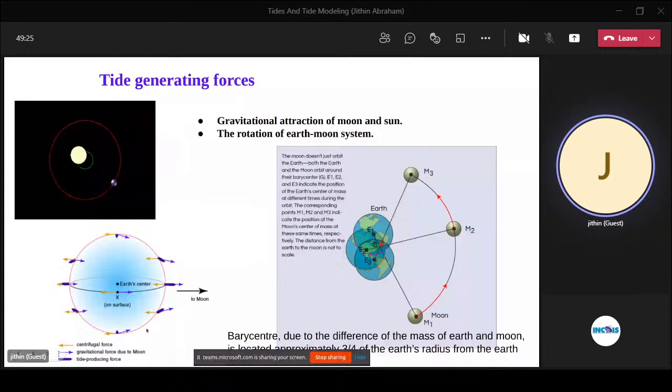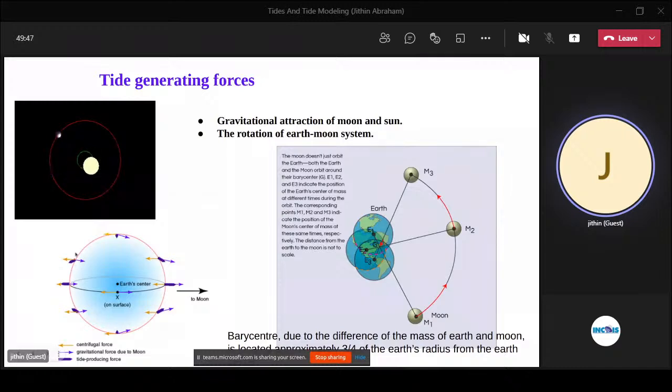Here we can see that in the area where the Earth faces the Moon, the gravitational force will be larger than the centrifugal force. So there it will create a bulge of tide generating force towards the Moon side.